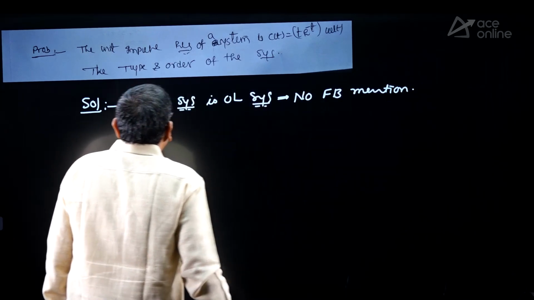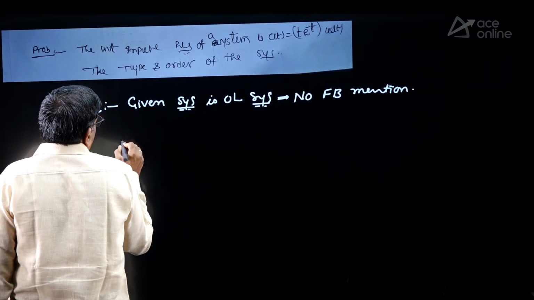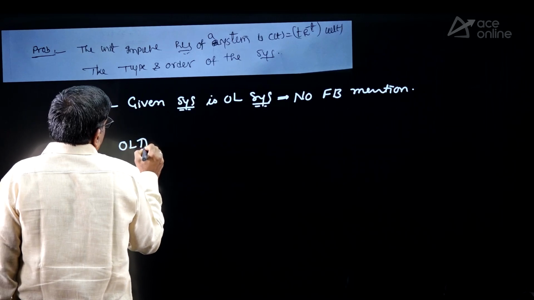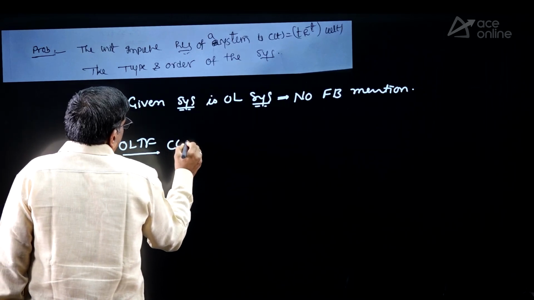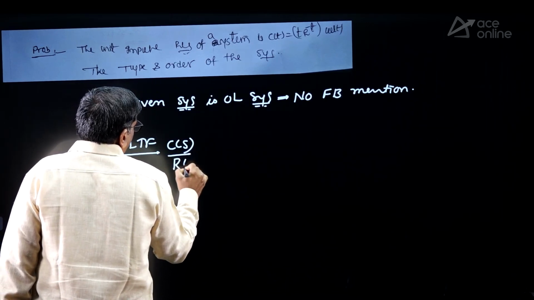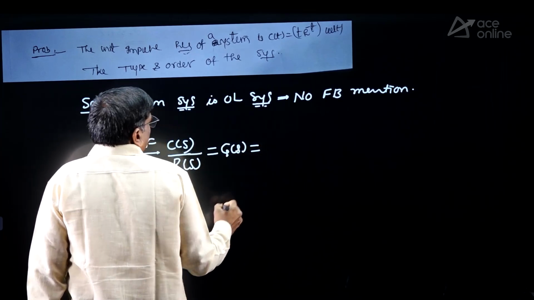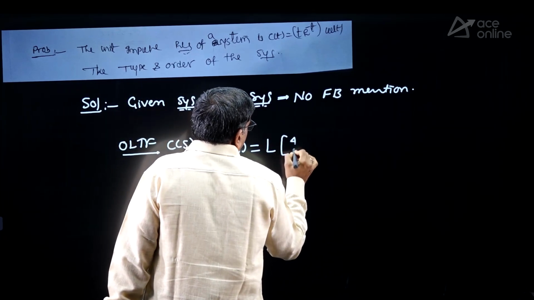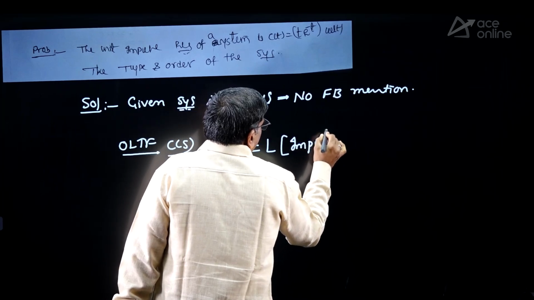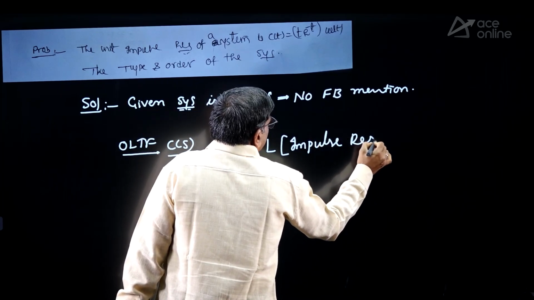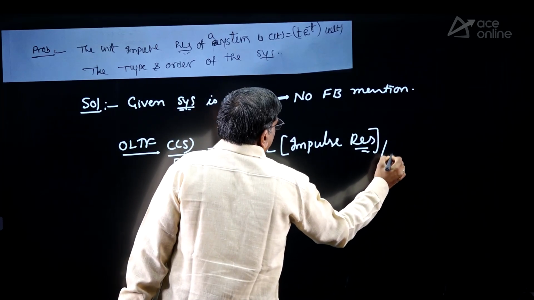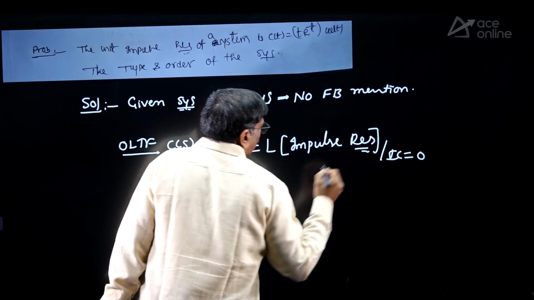Okay? So now simply find the transfer function. Open loop transfer function only we will get directly. That is C of s by R of s equal to G of s, which equals Laplace of impulse response. I took the same response once with feedback, once without feedback.